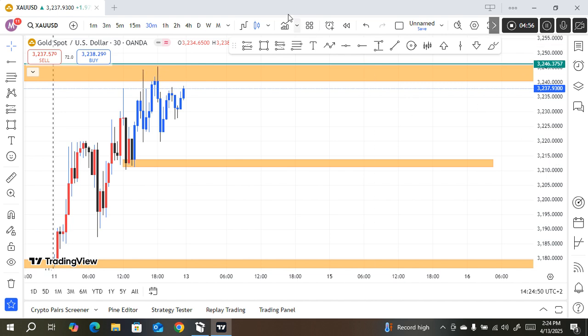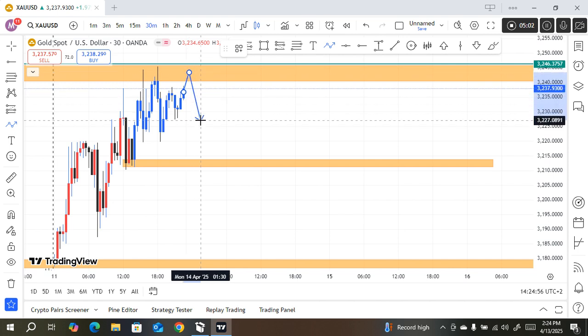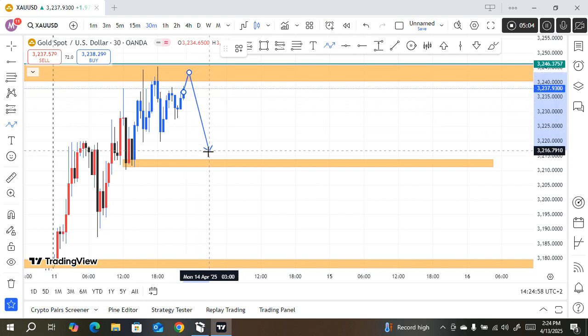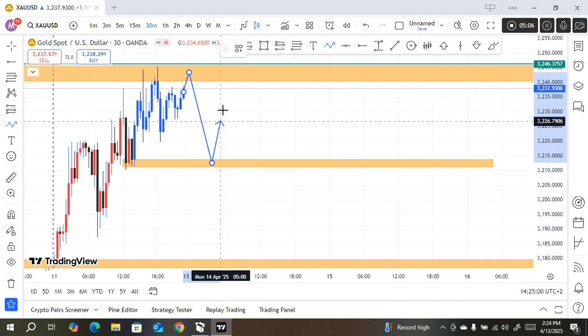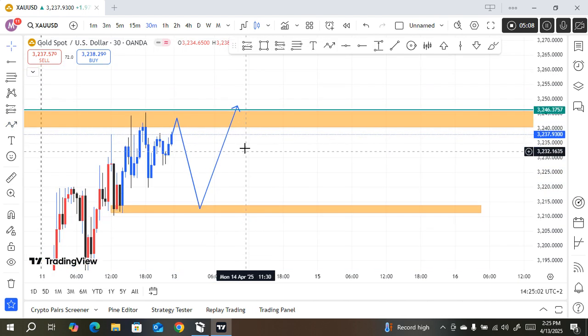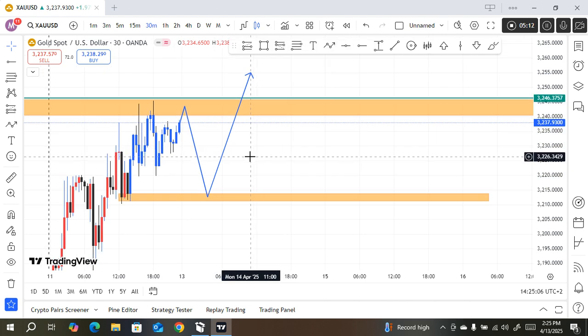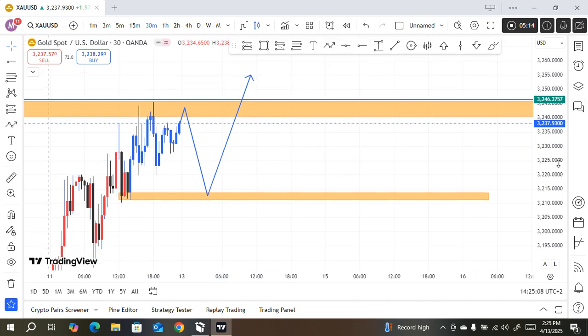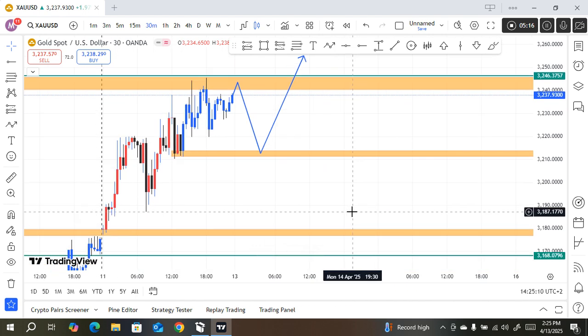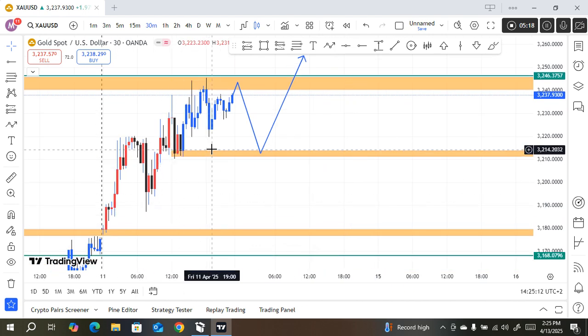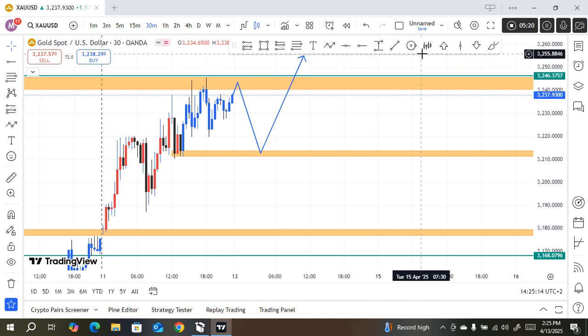We are expecting at least maybe a rejection drop during the London session until here, and then move up. That is the only option where we can clearly tell that on gold we are going to lose. And if we break here, still it's okay. We are on a bullish trend.